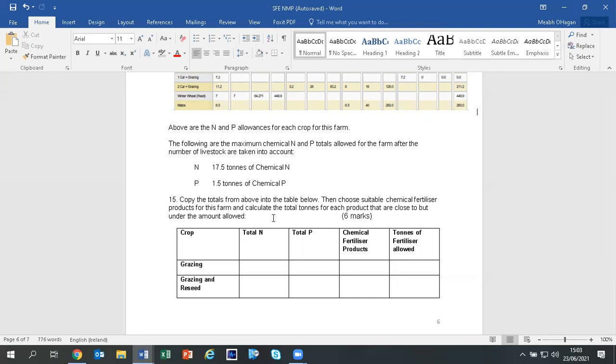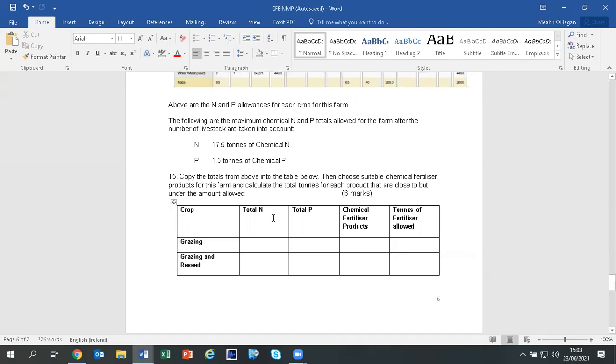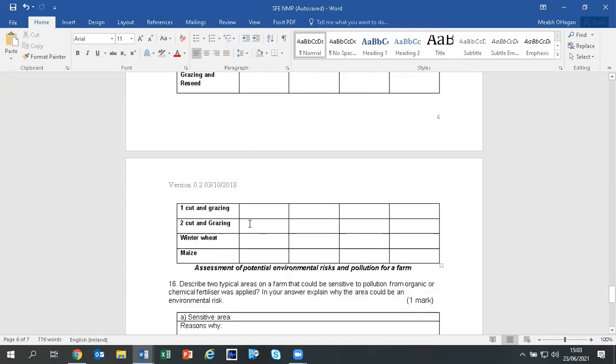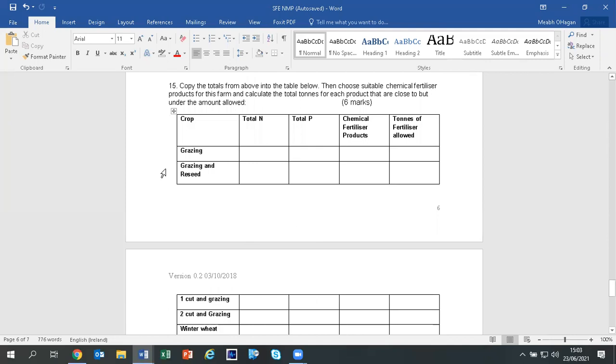This table is just split at the minute over the 2 pages. It is telling us the crop, it is looking for the total nitrogen, the total phosphorus, the chemical fertilizer products and the tons of fertilizer allowed. Those are the 4 things that it is looking for here.